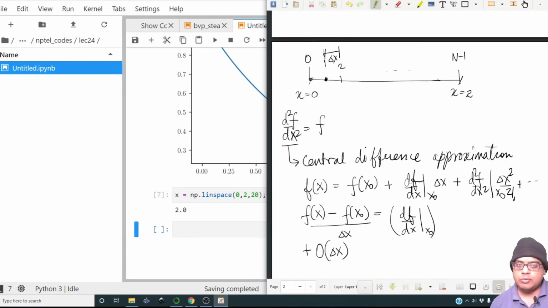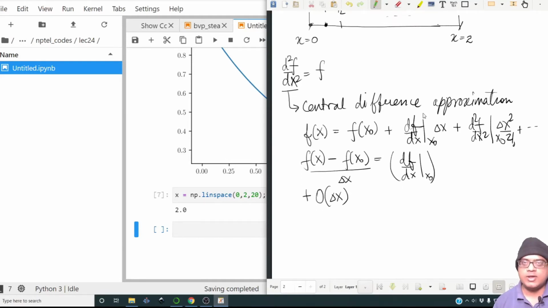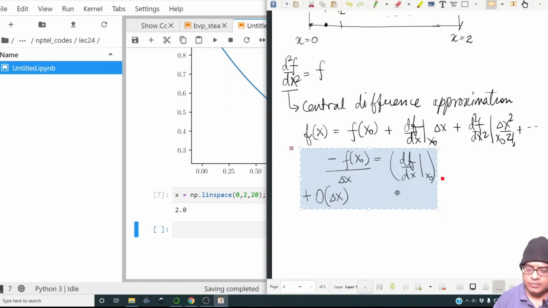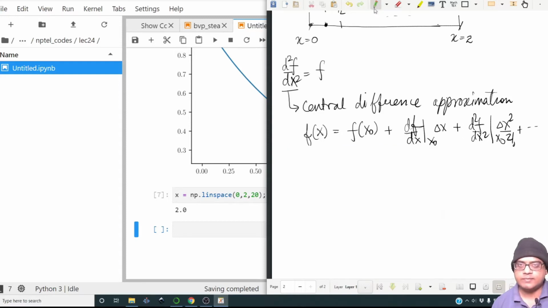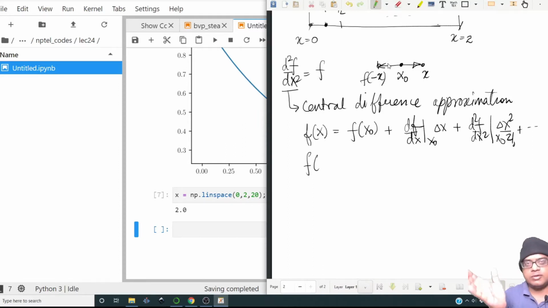So how do you go about finding the central difference approximation? Well, you have on one hand the approximation for f of x near x naught, and similarly you can write an approximation for f of minus x, that is the point on the other side.